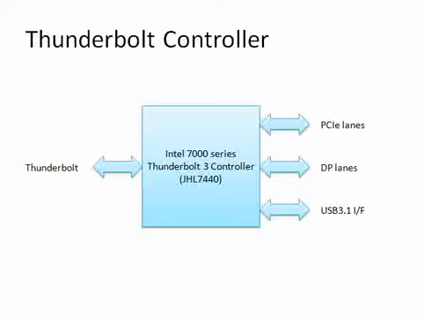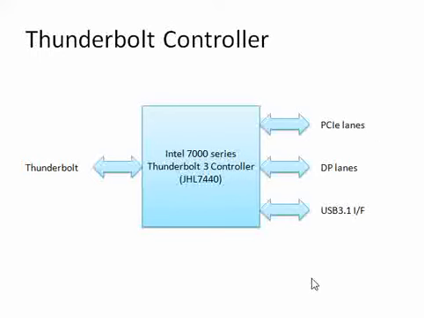For Thunderbolt to work, inside the devices we must have a controller which handles the data that comes over the Thunderbolt interface and then distributes it outside. For this, there are several controllers available from Intel. The Intel 7000 series Thunderbolt 3 is just one example. Here you can see one end has a Thunderbolt, and the other side has PCI lanes, DP lanes, and USB 3.1.